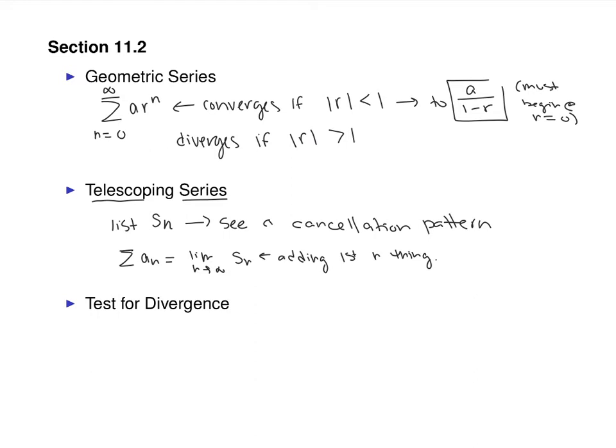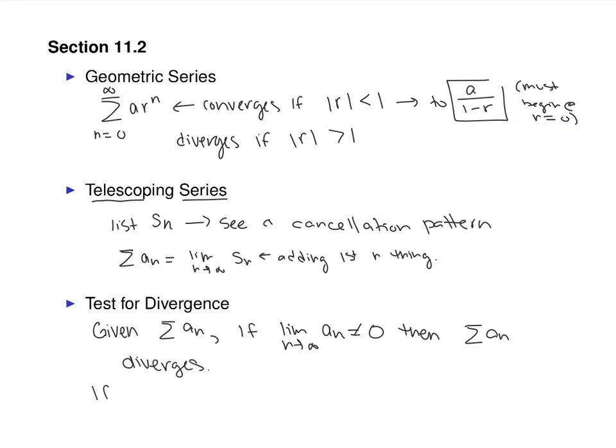And the other test we had was the test for divergence. So what that says is that given a sum of a_n's, if the limit as n goes to infinity of those a_n's is not equal to 0, then your sum of a_n's diverges.